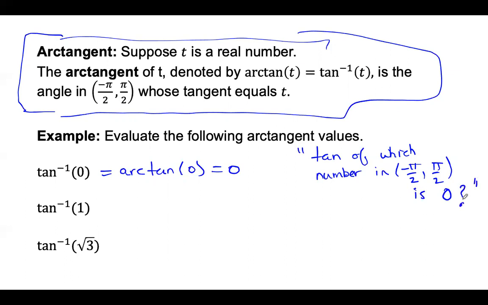So that's how you think of it. The next one is arctan of 1. What do we think that is?